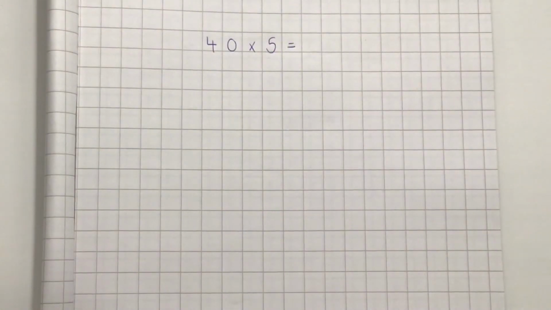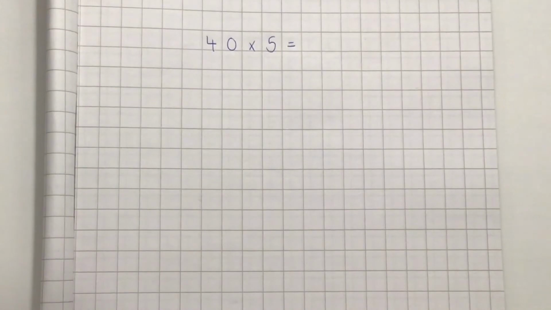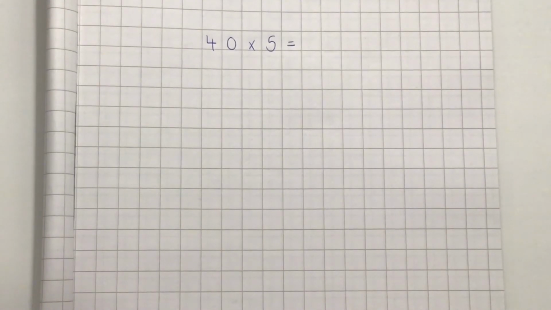Let's look at another example of multiplying multiples of 10. So we have 40 times 5. 40 is a multiple of 10, and that is being multiplied by the 1-digit number 5. So that means I'm going to need to use my multiplication facts for the 5 times tables.